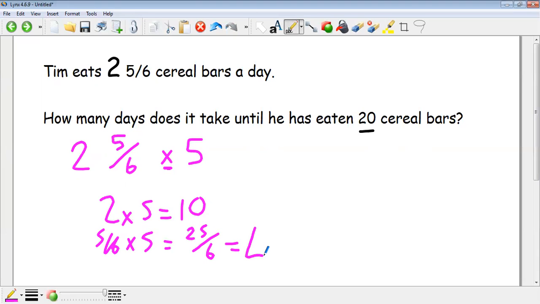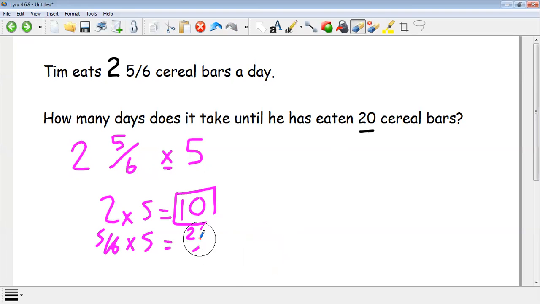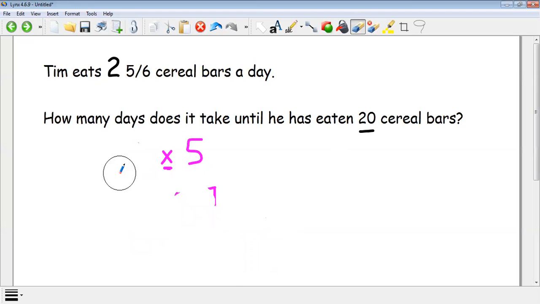I could take 4 whole ones out of that, and then I'd have 1 left over. So altogether, by the time I've got my whole numbers, 14 and 1/6. So that's not enough. Let's try 6. I wonder if that will tip us over. Probably not.